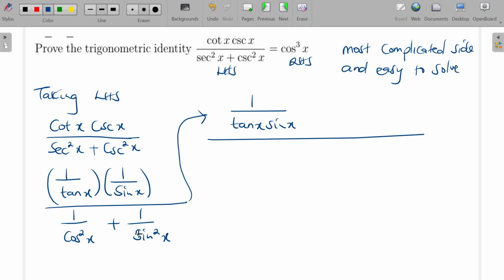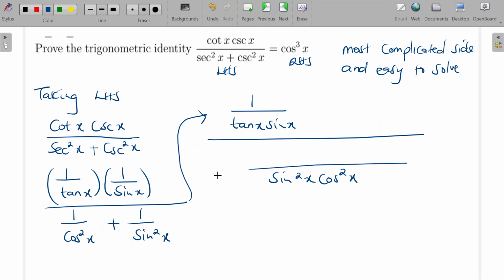1 over cos. Here I'm going to get a common denominator. At the bottom, it will be the multiplication, sine squared x cos squared x. That is what I'm going to have as my common denominator.